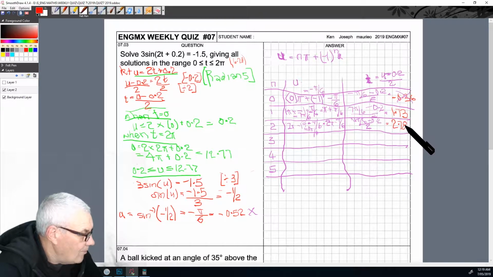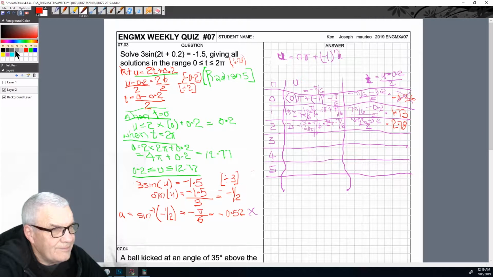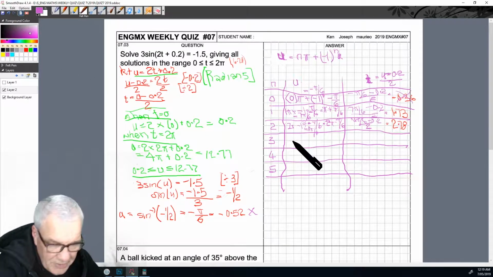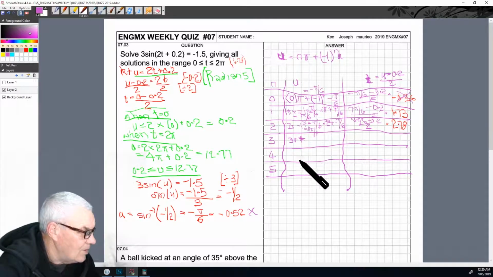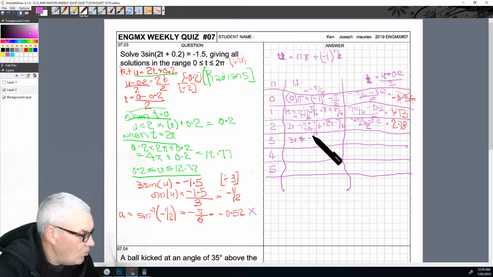.78, and then this one here is going to be, right, this is going to be 3 pi minus 3 pi times plus minus 1 cubed, so that's going to be negative.